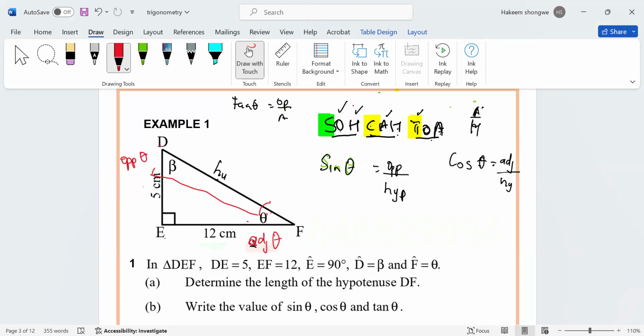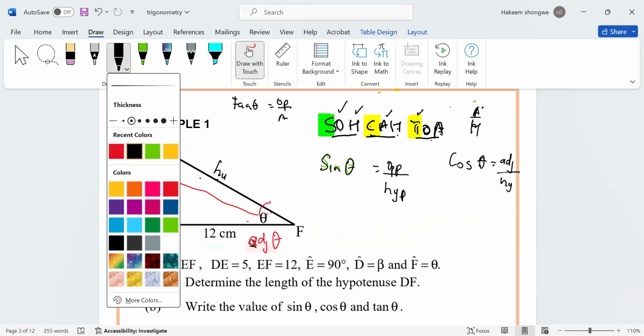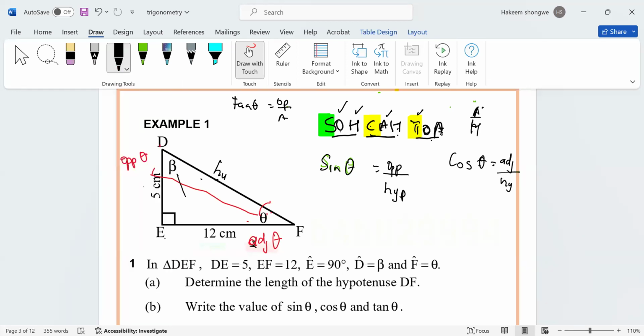Then we're left with 2 sides, which can either be opposite or adjacent, because we've already used number 3, which is the hypotenuse side. But what will beta say? Let's look at beta. Beta is going to say something different. Beta is looking at who?